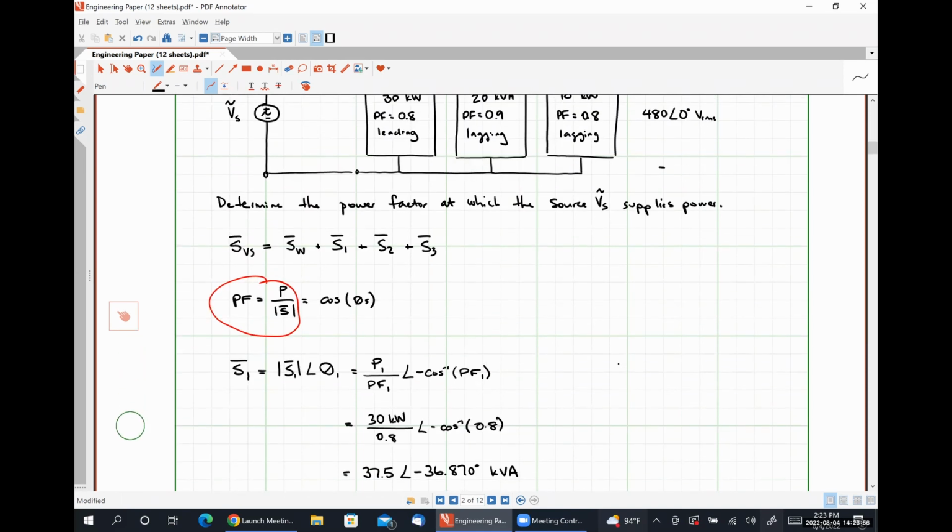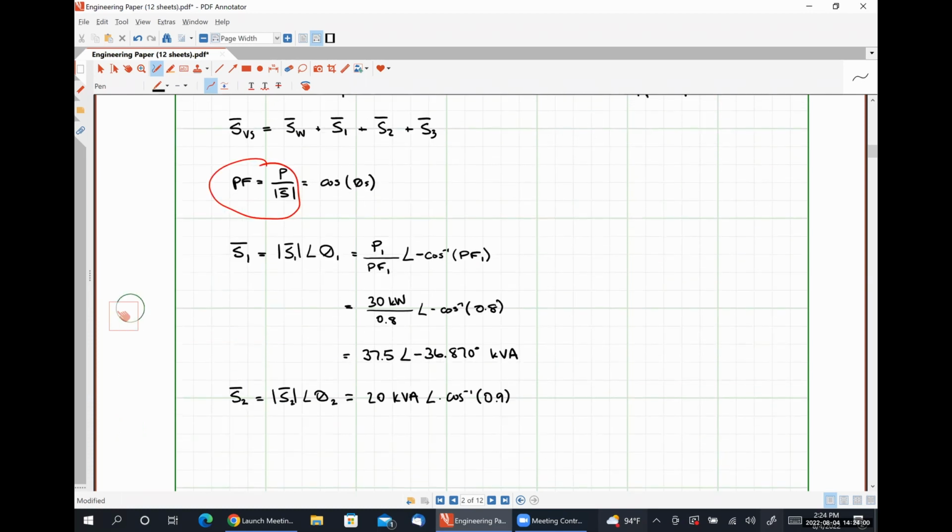And because our power factor is described as lagging, our angle has to have a positive sign. So if we throw this into our calculator, what we get is 20 angle 25.842 degrees kilovolt amperes.